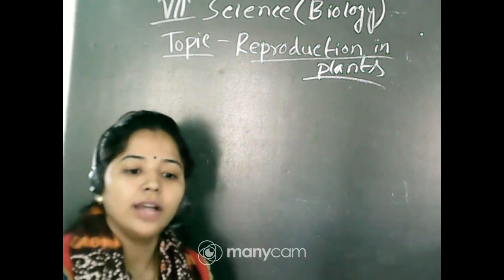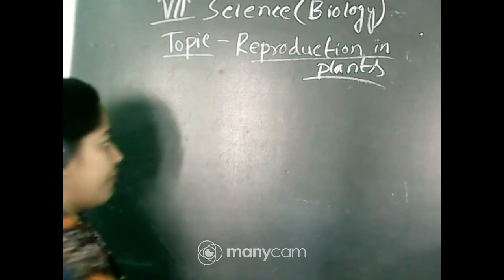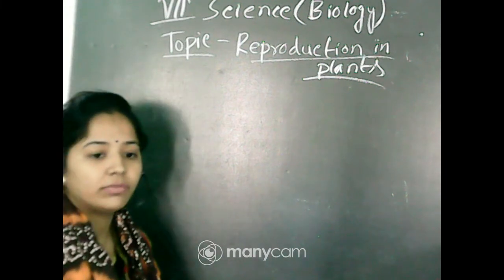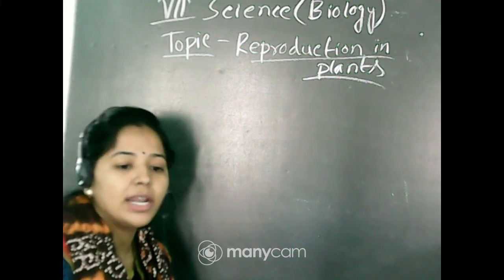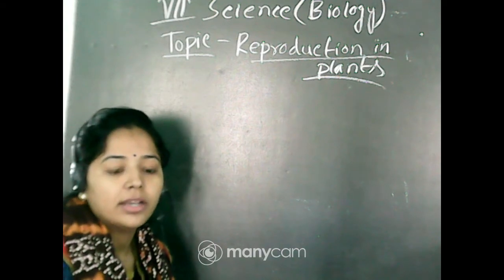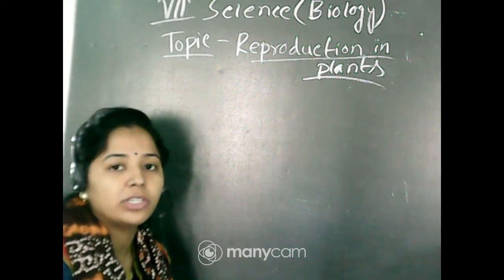Okay, now as I have told you, there are mainly 2 kinds of reproductive part: the male reproductive part and the female reproductive part. In the male reproductive part there is the stamen, and in the female reproductive part there is the pistil or carpel.